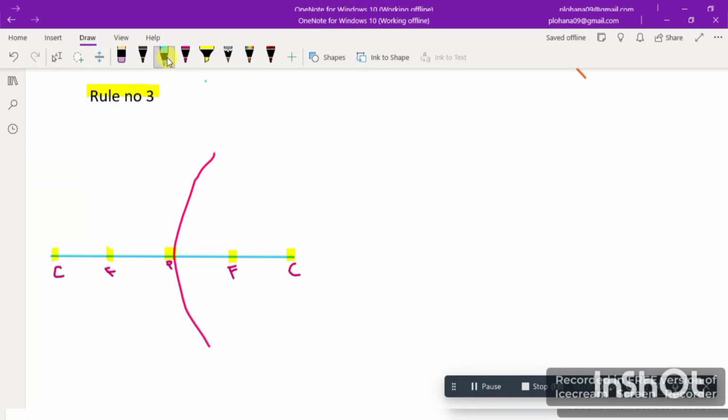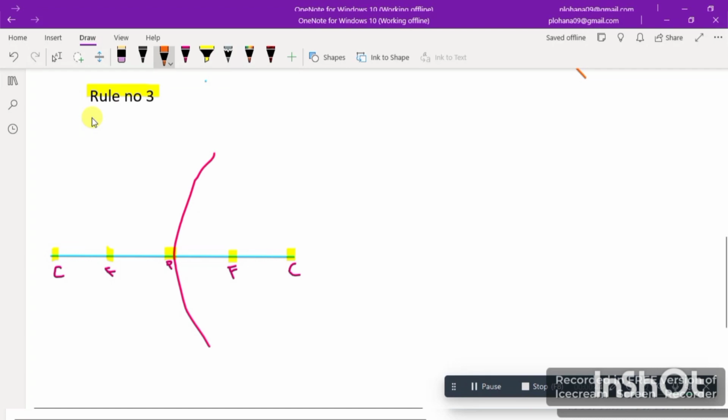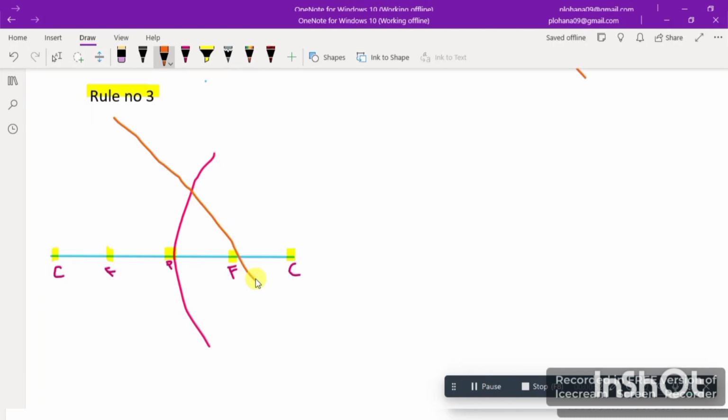So I'm just drawing here a ray which is passing through the focal point will always reflect back anti-parallel to the principal axis, as you can see here, right? So we have studied three rules of the image formation by convex mirror, right?